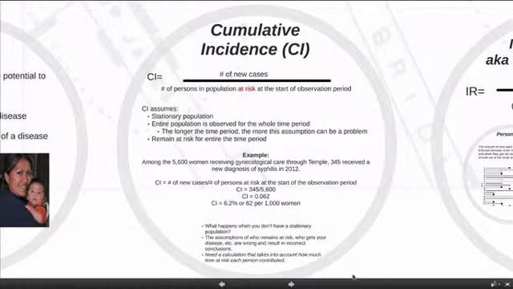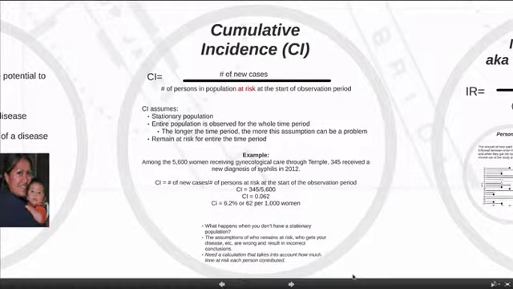With the idea being that we didn't get people who we couldn't find anymore. We didn't get people moving out. We have complete information about how many people from our population developed our outcome, became a case, essentially moved up to our numerator.